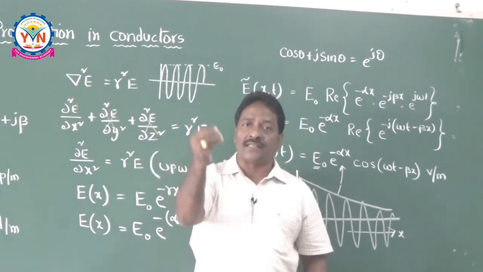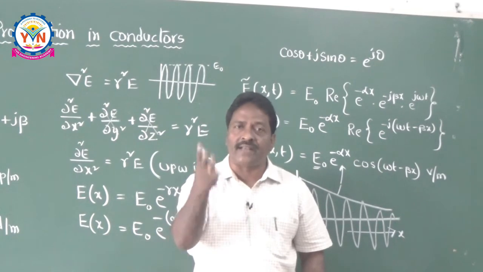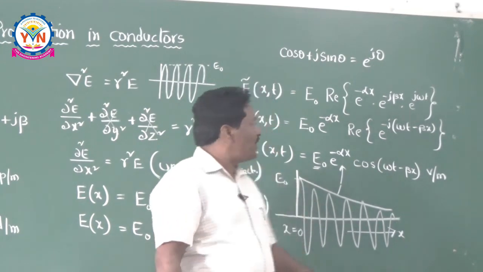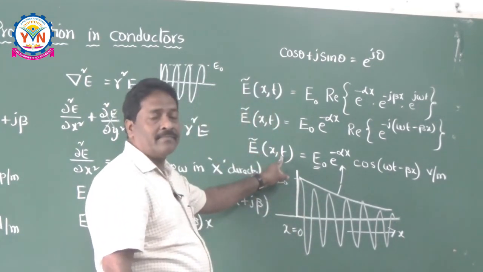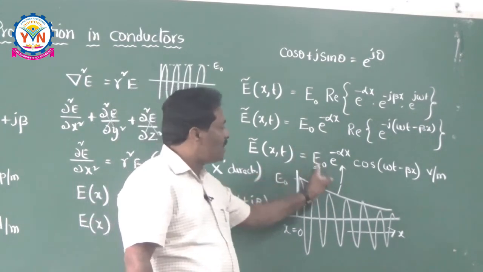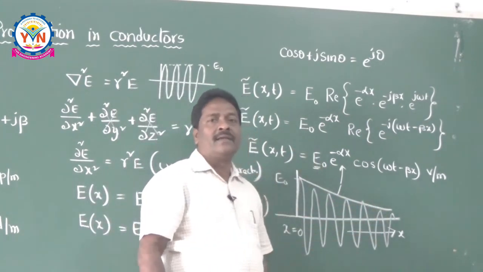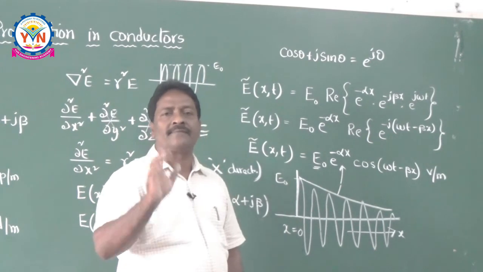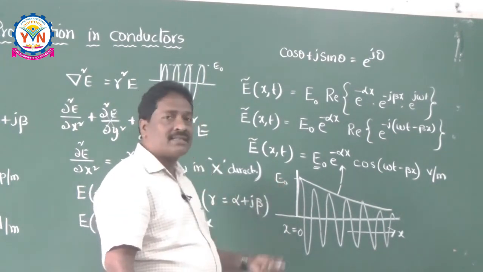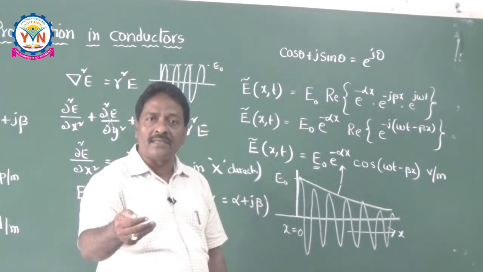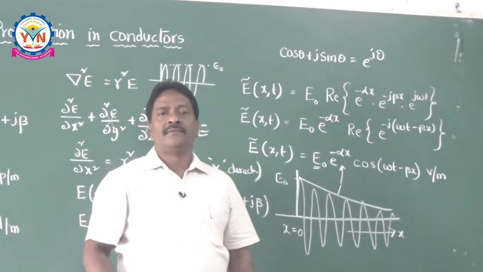So finally, my dear friends, whenever the wave is propagating in a conducting medium, its amplitude goes on decreasing like this. That means the presence of alpha is there. So this is the way of understanding wave propagation in conductors.